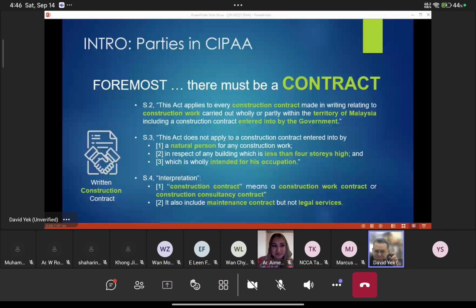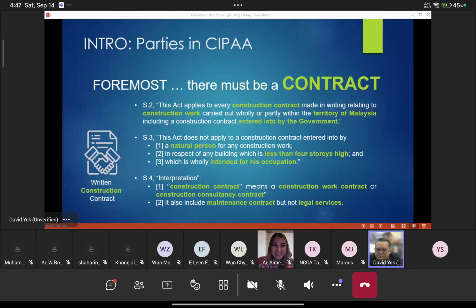So there's a big difference, you know. A lot of things can be resolved in arbitration but not adjudication, especially things not related to money. For example, extension of time. For example, LAD as a claim, not as a defense, as a claim. Loss and expense as a claim, not as a defense. You see, these are the things that can only be resolved in arbitration, but not adjudication.